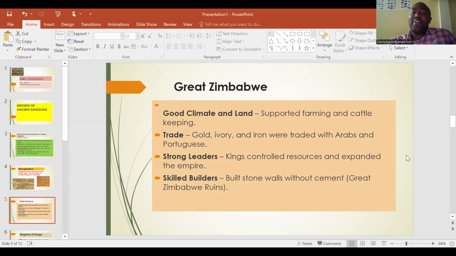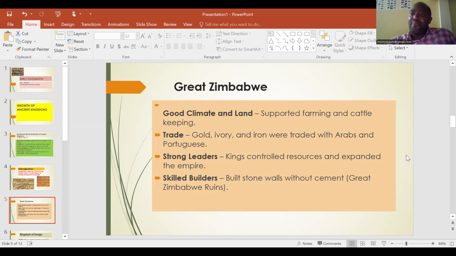The second factor that led to the growth of the Great Zimbabwe was trade. Just as we've seen with ancient Egypt, the Great Zimbabwe too traded. Among the goods they traded in were gold, ivory, and iron, which they traded with Arabs and the Portuguese.